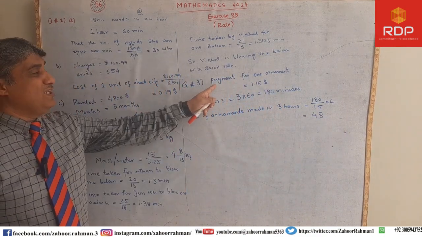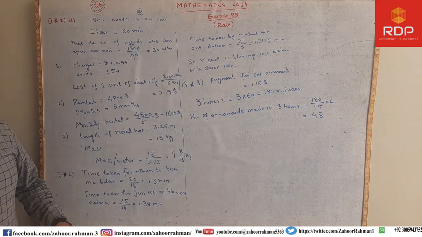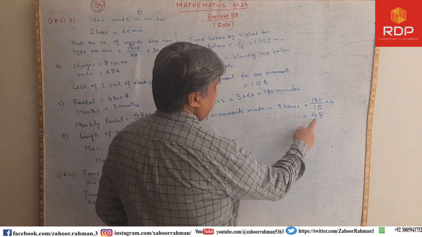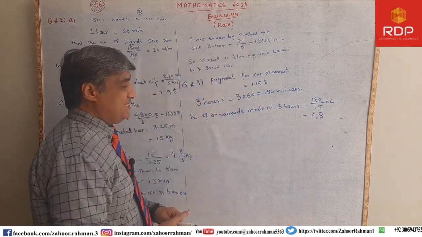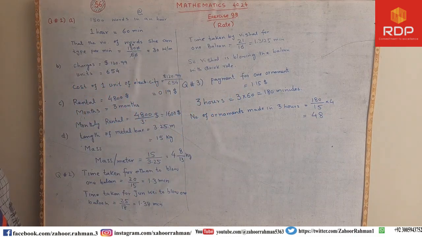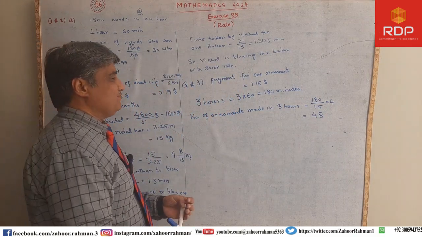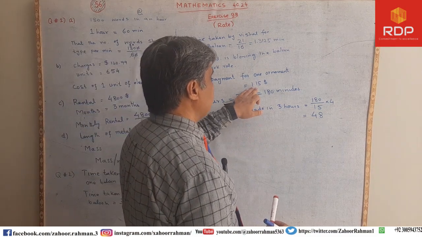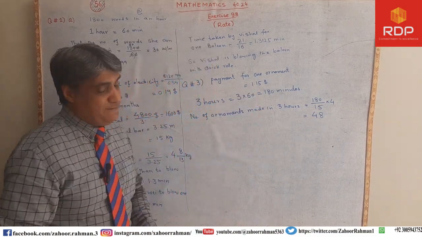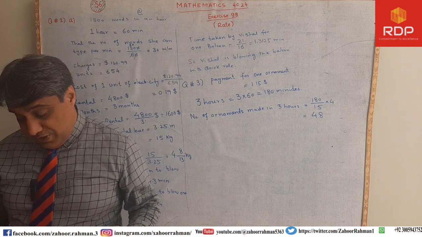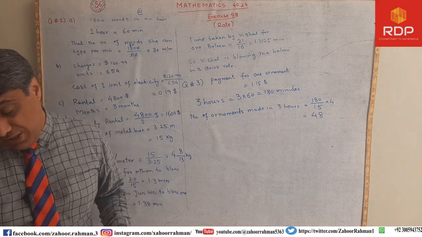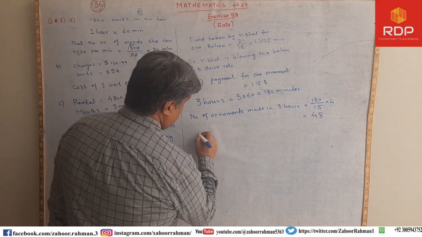Now, I wrote the payment. That person is making 48 ornaments, decoration pieces, and the company is paying $1.15. The question is saying find the amount earned by the worker.